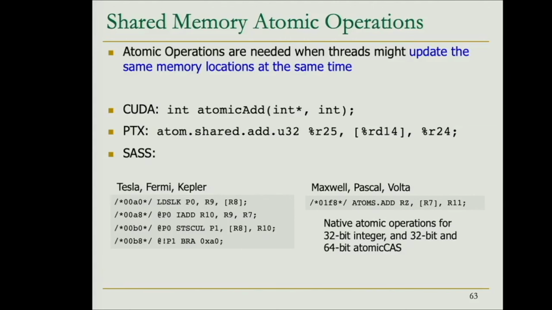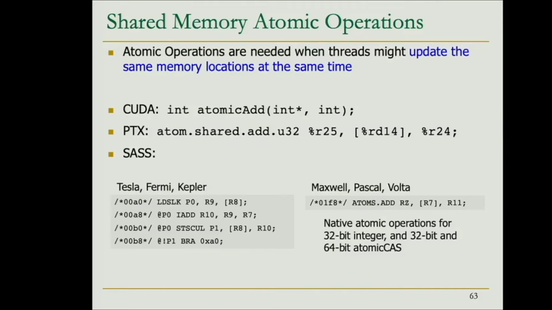And what we are going to have here is 0 or 1, depending on whether the thread succeeded or not while trying to lock the access to a particular location in the shared memory in this case.